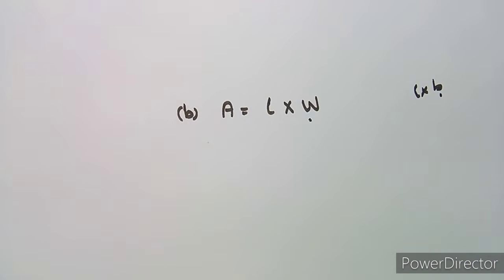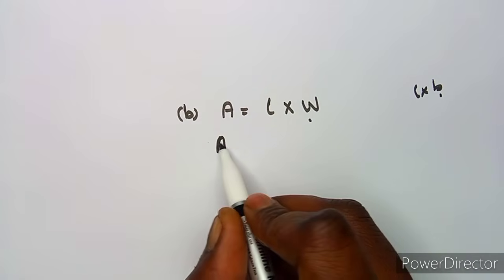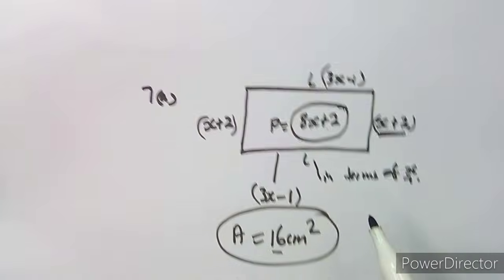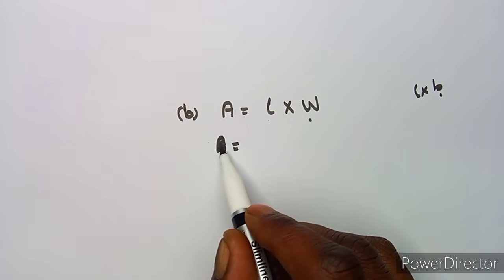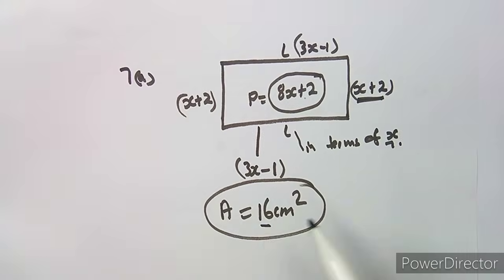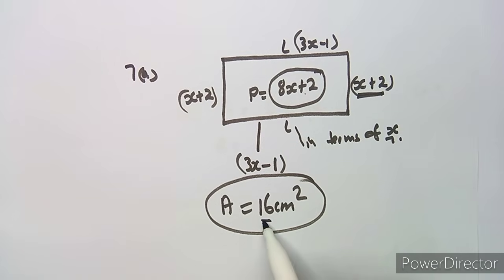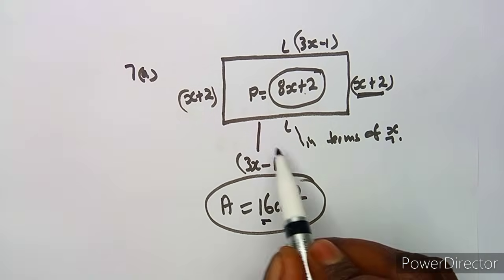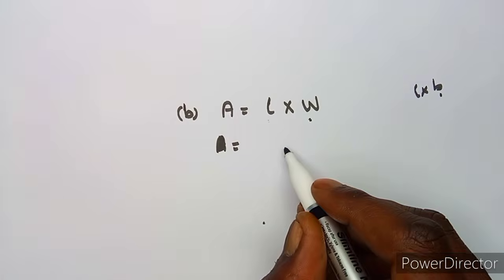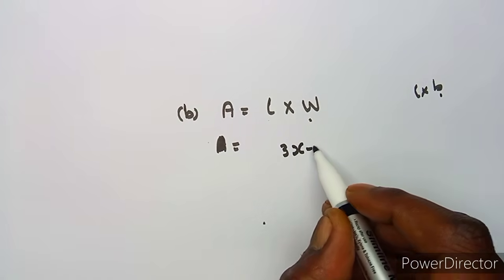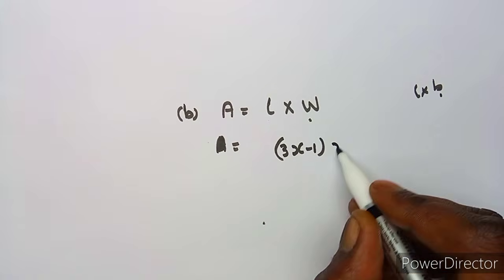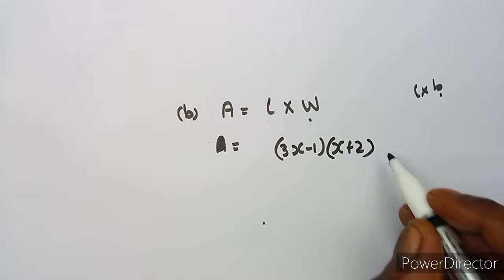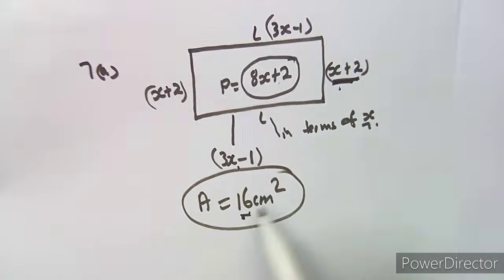So our area is going to be the length times the width. Let's just substitute at once. Our area is 16, so you equate to the area, which is length times width. 3x minus 1, that's your length, your width, which is x plus 2, then we equate to the area, which is 16.